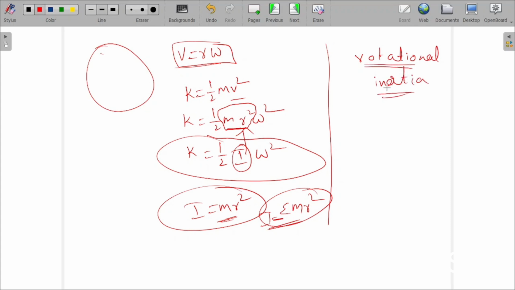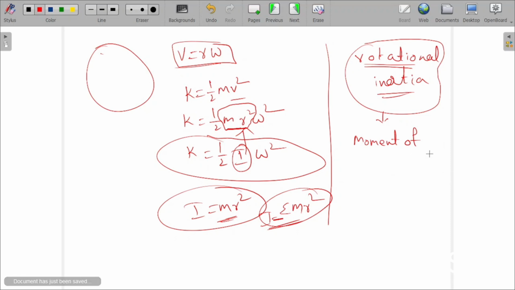Generally, mass is the measure of inertia when moving in a straight line, but as the body moves in a circular path, it has rotational inertia, and the moment of inertia is the measure of rotational inertia.